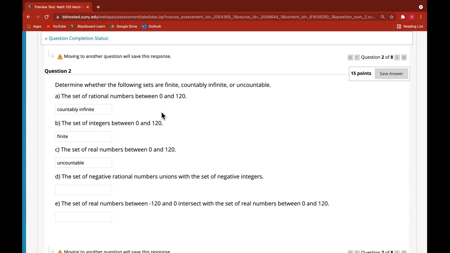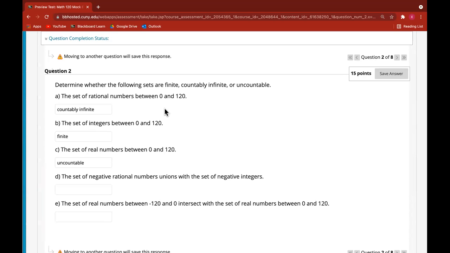Because if you look at it, 1 over 1 is 1, which is in this range. 1 over 2 is also a rational number in that range, and you can do 1 over 3, 1 over 4, 1 over 5.